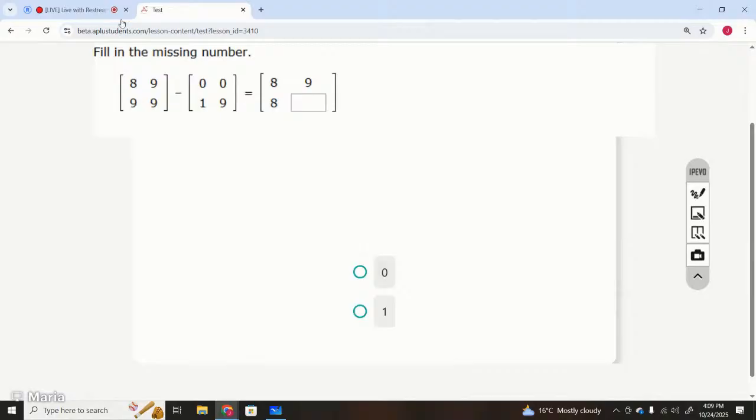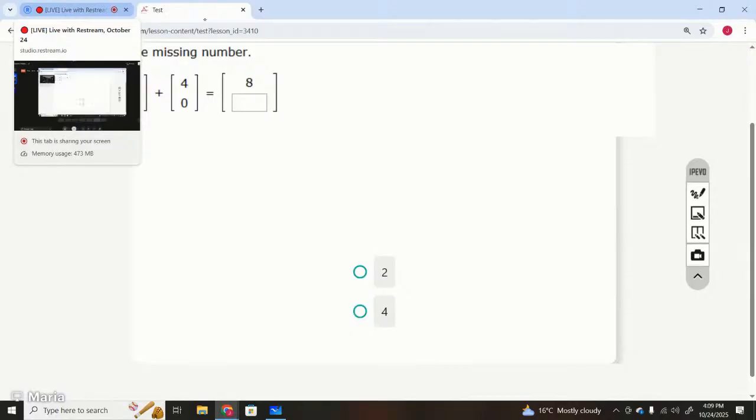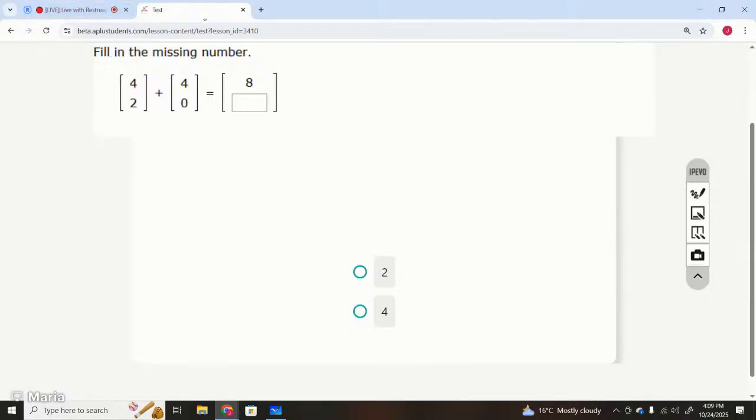Fill in the missing number. So 9 minus 9 is 0. Option number 1 is the correct option. Fill in the missing number. 4 plus 4 is 8. 2 plus 0 is 2.